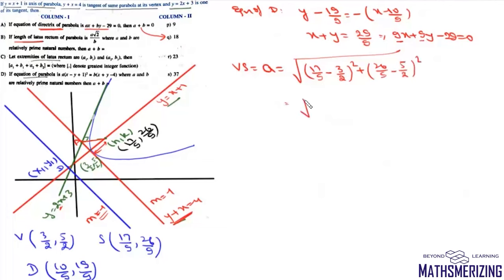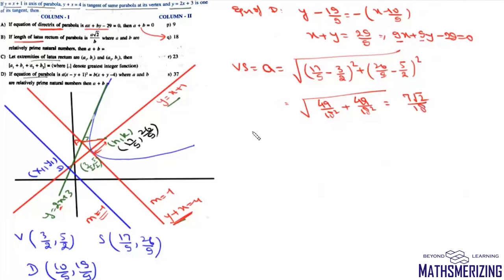So we'll get this as 32 minus 27, so that's 7 square, 49 by 18 square, and here it will be 52 minus 45, so again there'll be 49 by 18 square. So we can write it as 7 root 2 by 18.